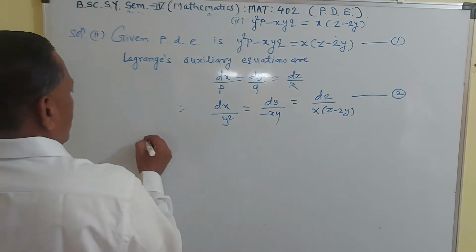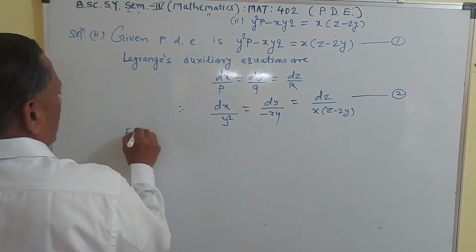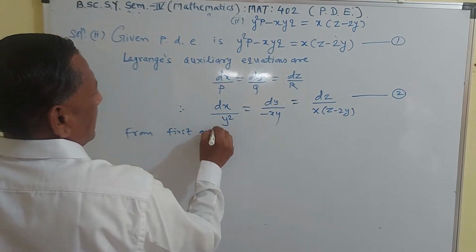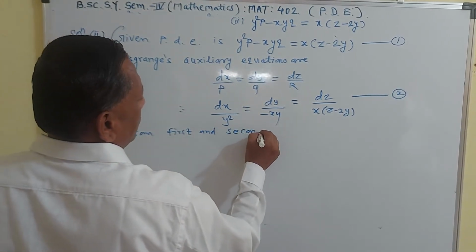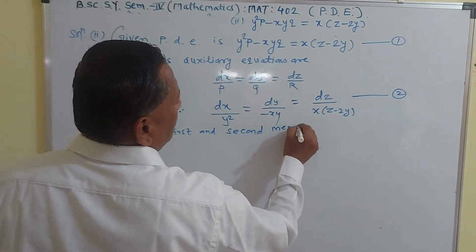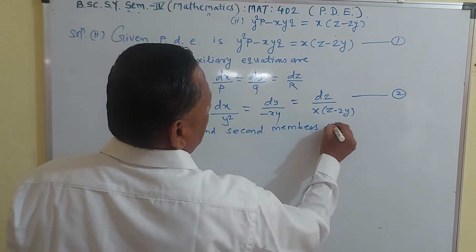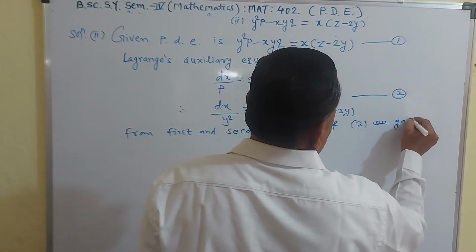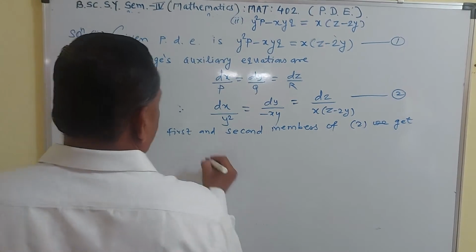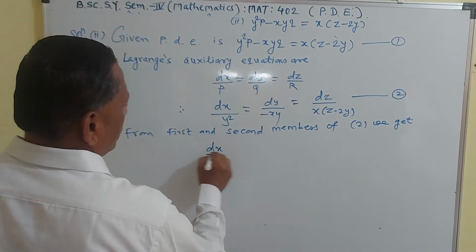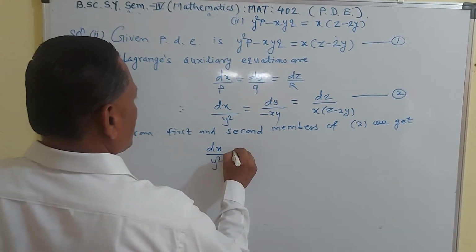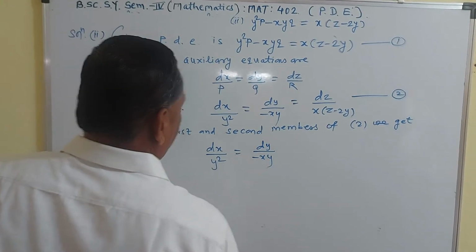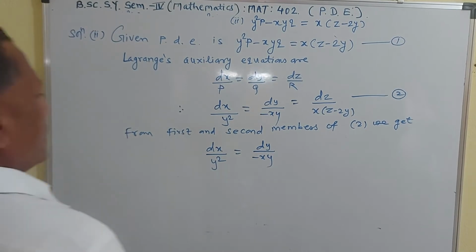Anyway, from the first and second members or fractions of 2, we get the first fraction dx/y² equal to dy/(−xy).